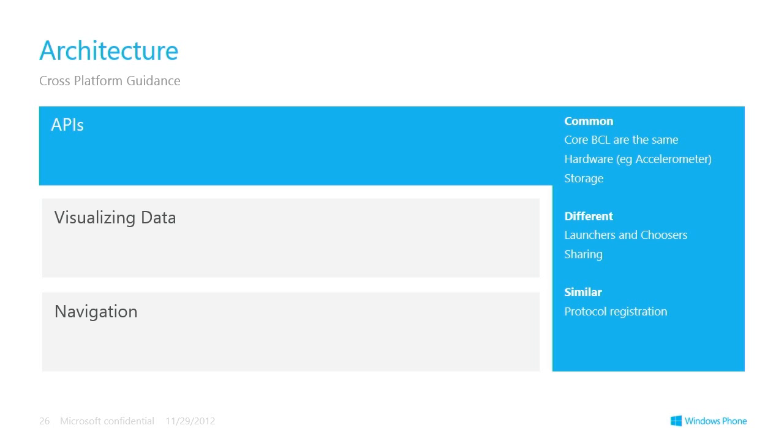But very good compatibility between the Windows.Storage APIs for the local folder stuff and access to hardware such as the sensors and accelerometer through the Windows.Devices API. So good commonality there. Differences are apparent at the interaction with the platform with launchers and choosers and the sharing and charms usage. These concepts and implementation are somewhat different, but with care we can abstract these differences away by introducing our own abstraction layer.